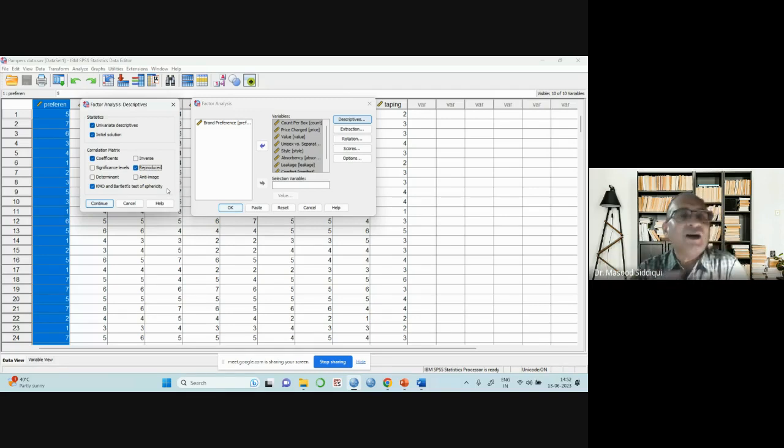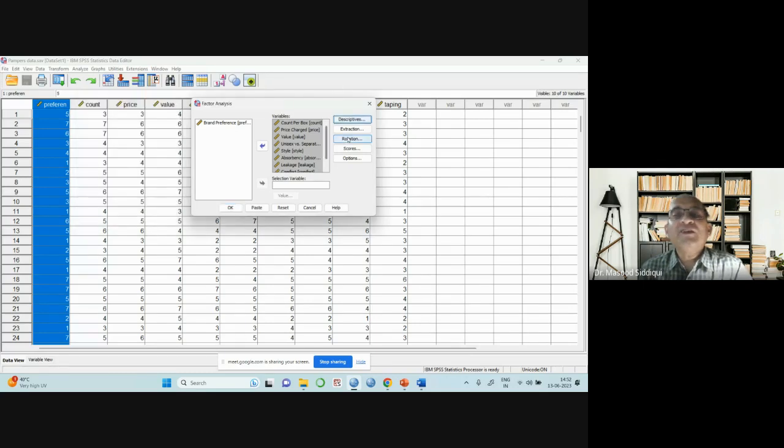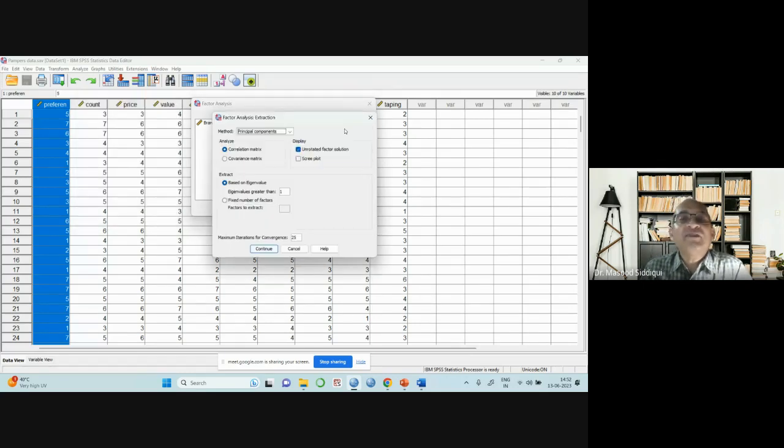When we discuss the output, all these things will be clear, why we have chosen these options. So for the time being, you can have some patience. We will be revisiting all these concepts once we have the output, and we are discussing the results in light of the analysis of this case. Then we go to Extraction. Here we have different types of techniques, and at present, since PCA is the topic that we have taken, we are selecting principal components.